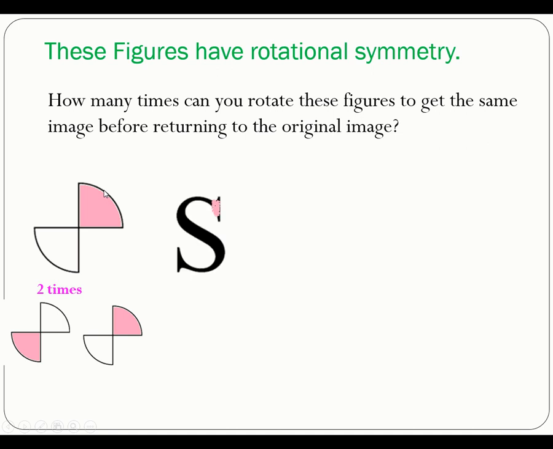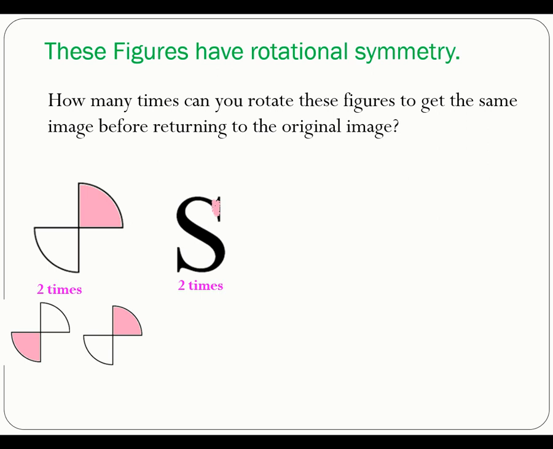Now, how many times can you rotate this S around so that it looks like the original? And again, this little pink dot right here just shows you where the S has been rotating. So ignore that when you're coming up with it. So let's think about it. This one is also 2 times. You guys are so smart. You always know the answers to my questions.